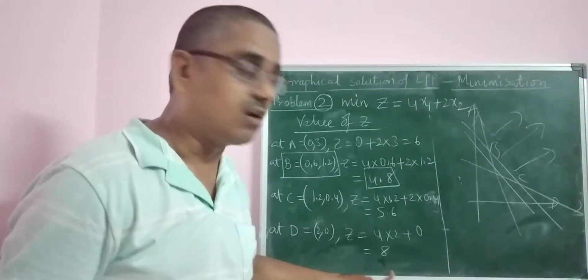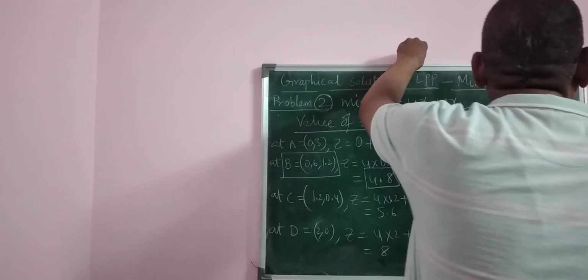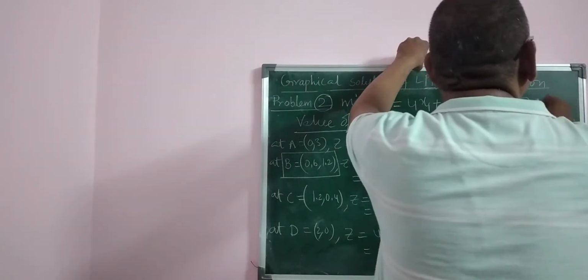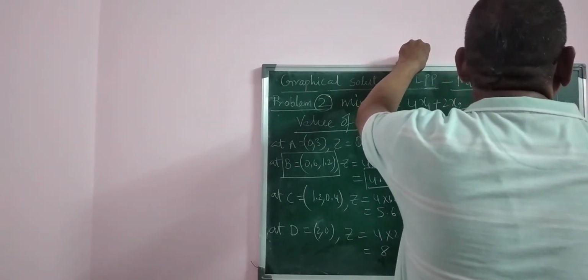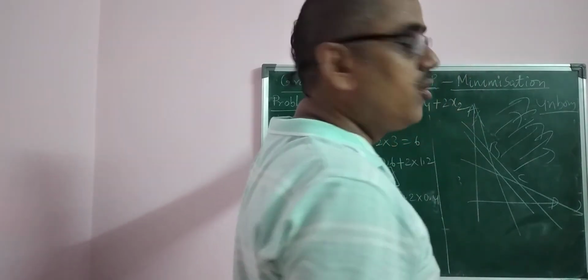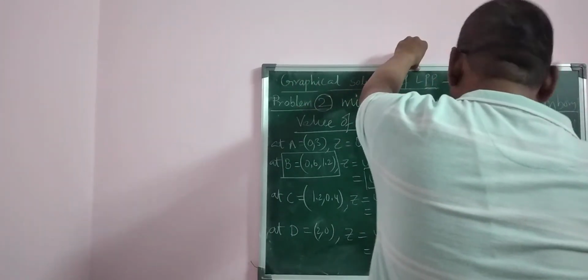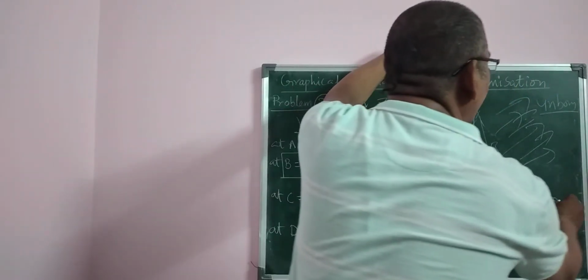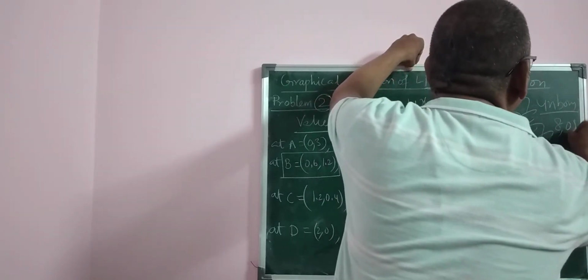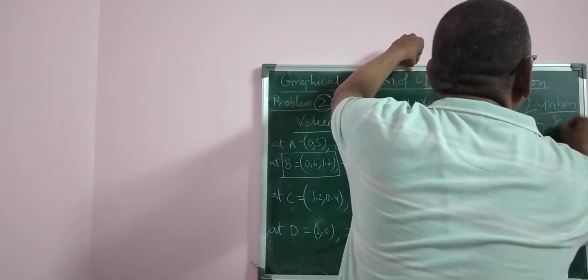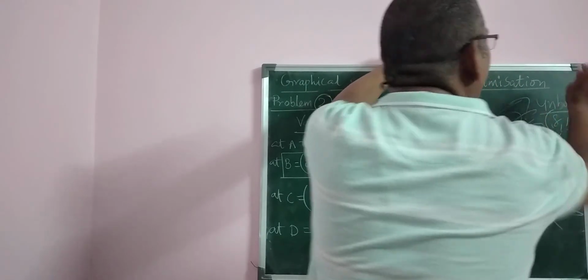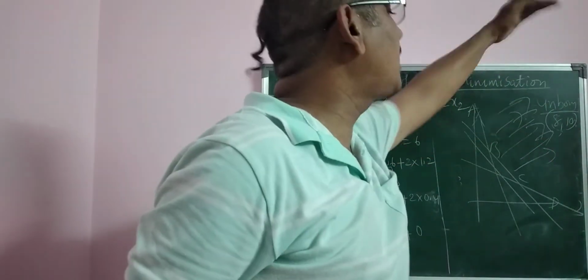But consider this region, which is unbounded. For example, we have considered the point (8, 0) or (8, 10), a point with increasing values.